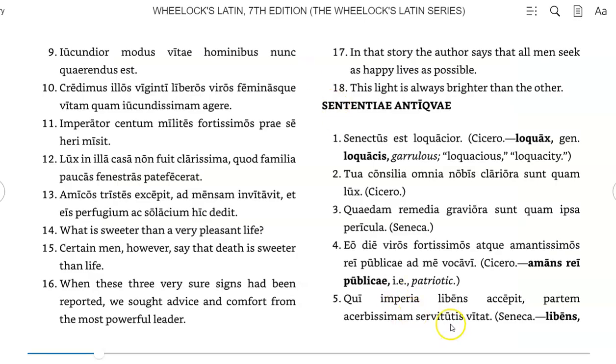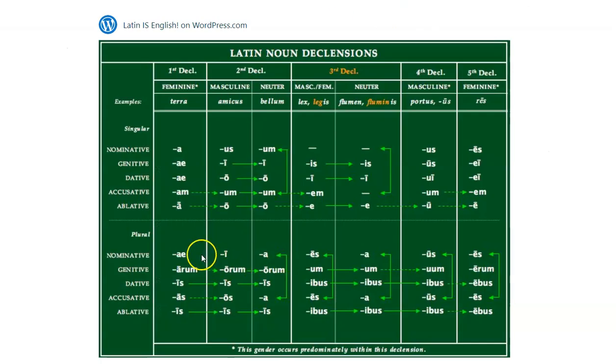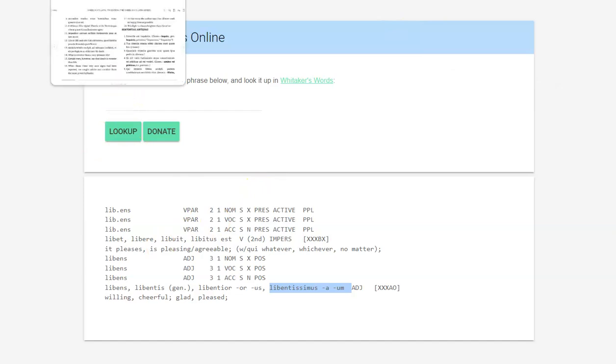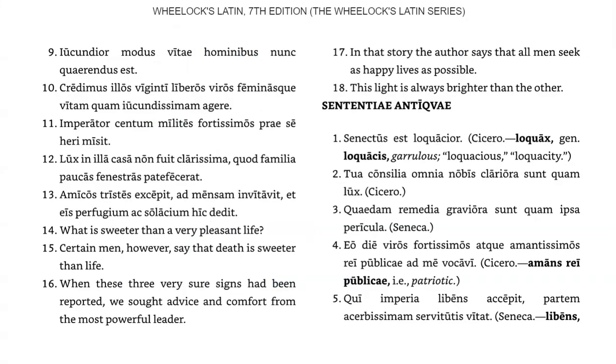And then of servitude, because that is third declension genitive singular. So there's our is ending here, because servitude is third declension. And again, you can give yourself a little bit of confidence by looking these words up in Whitaker's Words.